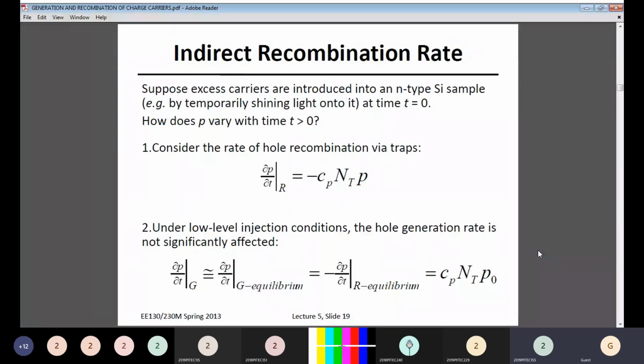Consider the rate of recombination via traps: dp/dt equals minus Cp Nt p. Under low level injection conditions, the hole generation rate is not significantly affected. So dp/dt in generation, which is the same as in the equilibrium state, equals minus dp/dt in recombination in the equilibrium state, which is equal to Cp Nt p naught.